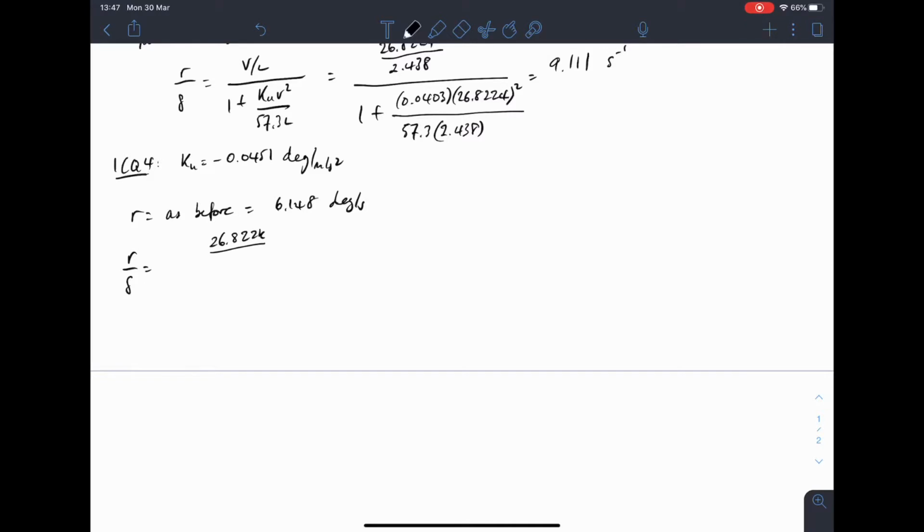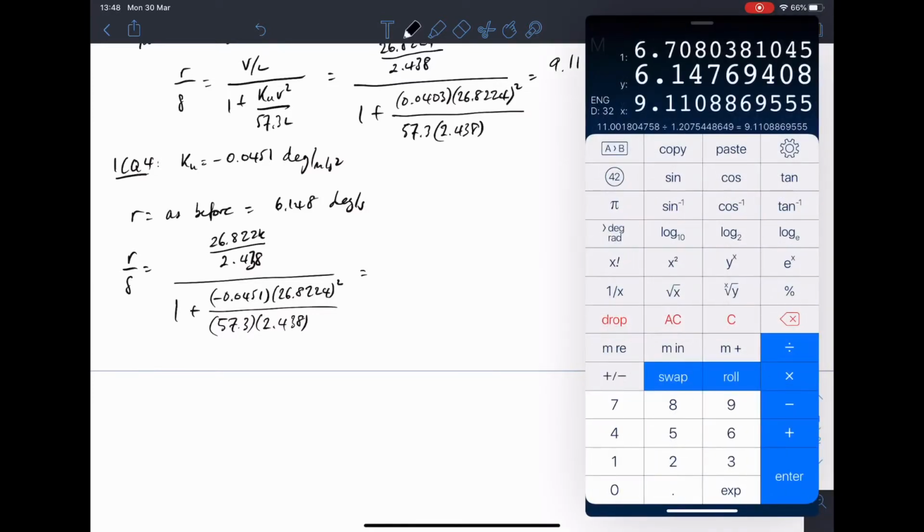So that's V divided by L, divided by 1 plus minus 0.0451 times 26.8224 squared divided by 57.3 times 2.438.